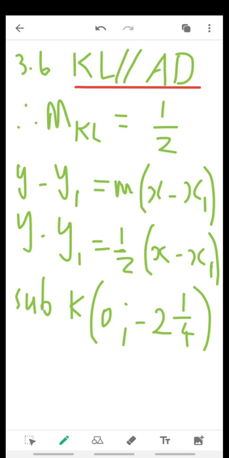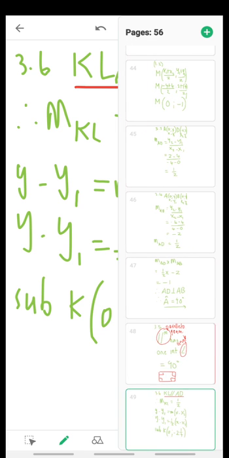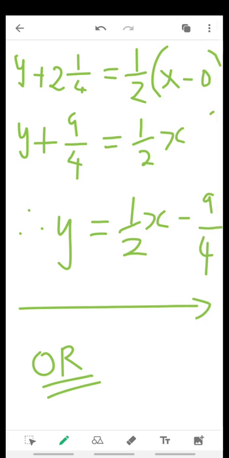In this case, the straight line is KL, meaning I can only substitute a point for K or a point for L. So I have only K. That's why I said substitute K, which is (0; -2 1/4). And it was given as a result. Then I found that my equation is y = 1/2 x - 9/4.